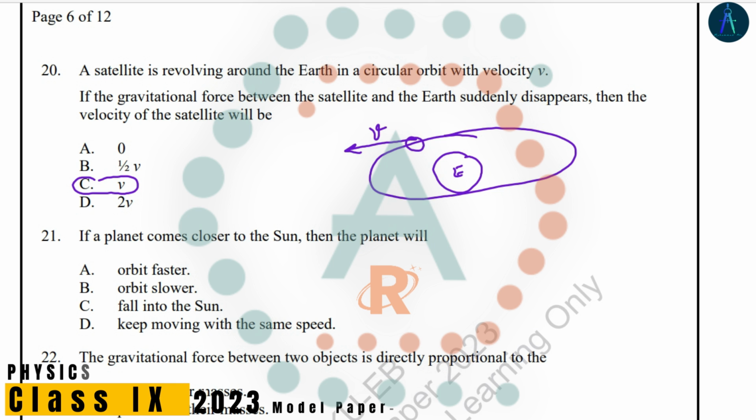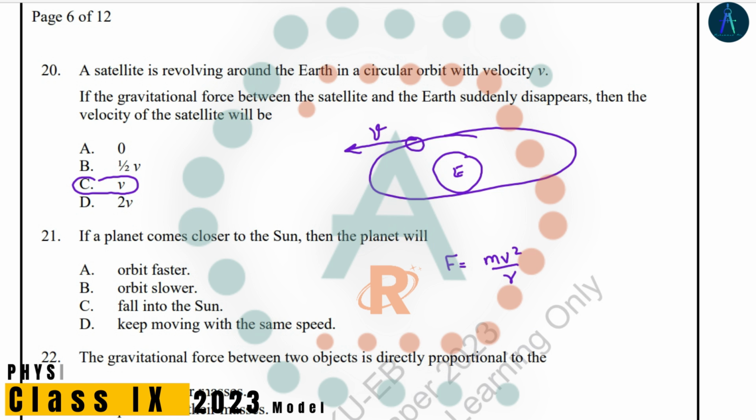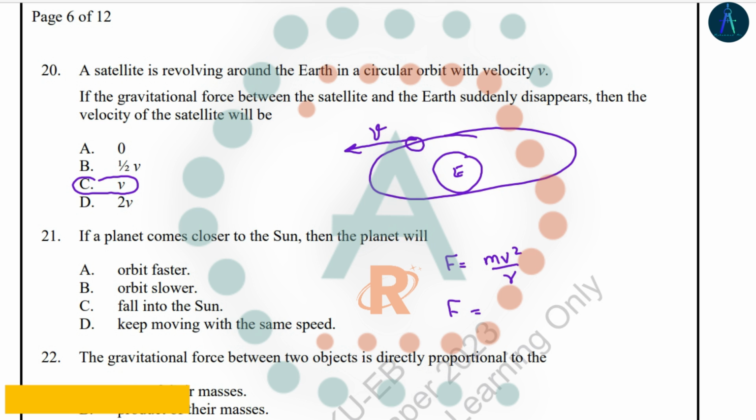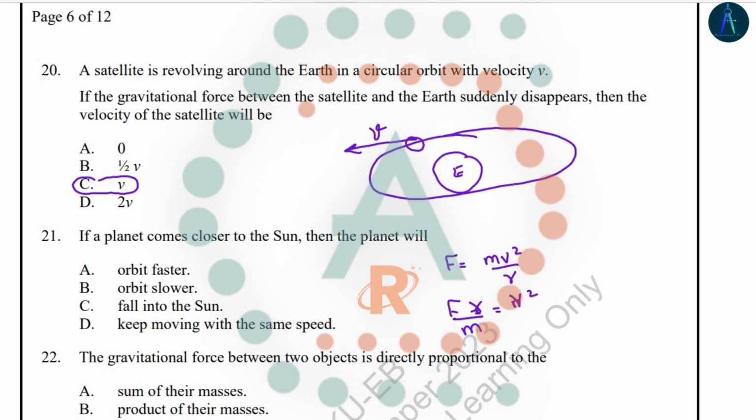If a planet comes closer to the sun, then the planet will. So we know that the body is moving in a circular path, so F will be equal to mv squared over r. Then Fr over m will be equal to v squared.